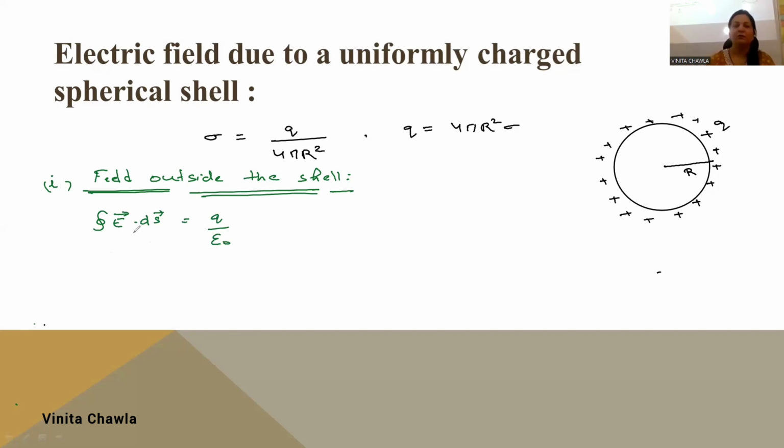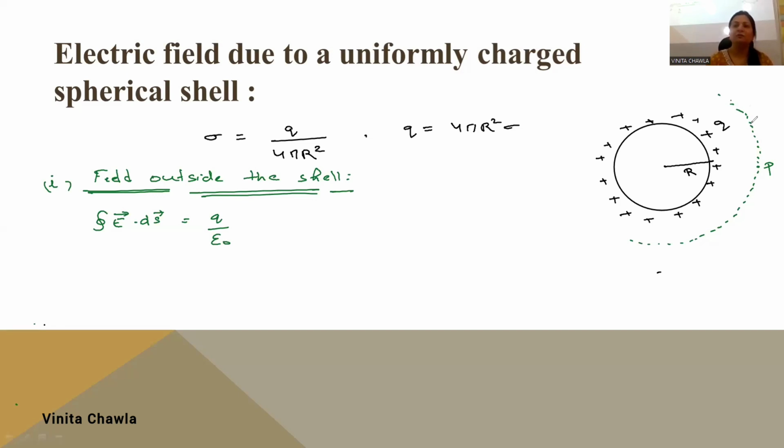So here in this case, both vector E and the area vector are pointing in the same direction. If this point P lies outside the shell, then we will construct a Gaussian surface outside the spherical shell only. Okay.